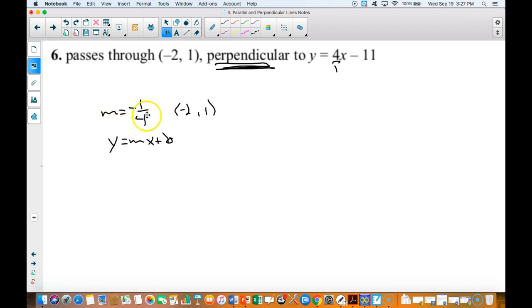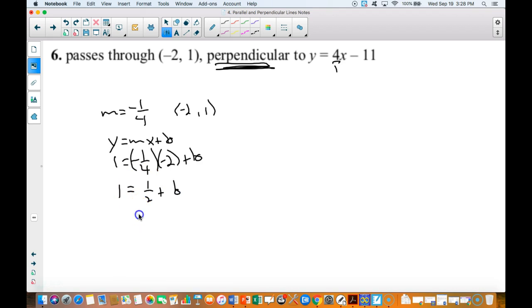All right, so this is my m, my x, and my y. I'm going to plug all of those in. So 1 equals negative 1/4 times negative 2 plus b. So negative 1/4 times negative 2 is actually positive 1/2.